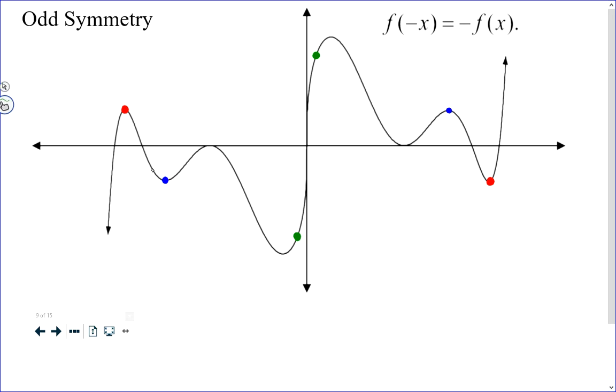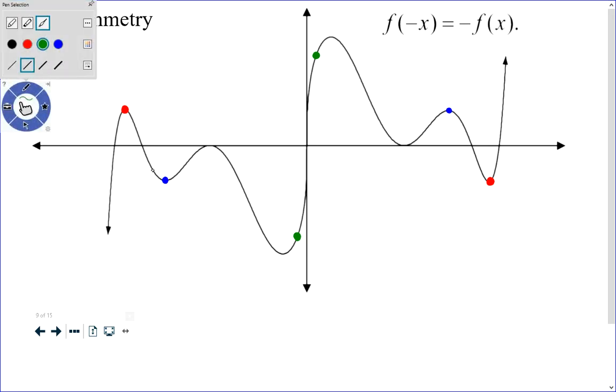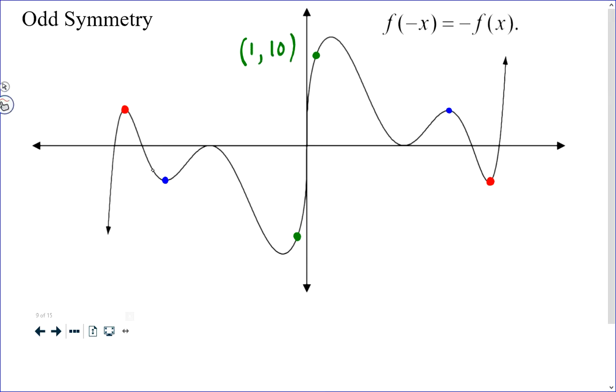So if I told you now the coordinates of a few points, let's take this green point at the top, and I told you the coordinates of this green point at the top were 1, 10. And I told you the coordinates of this red point over here on the left was -17, 3.